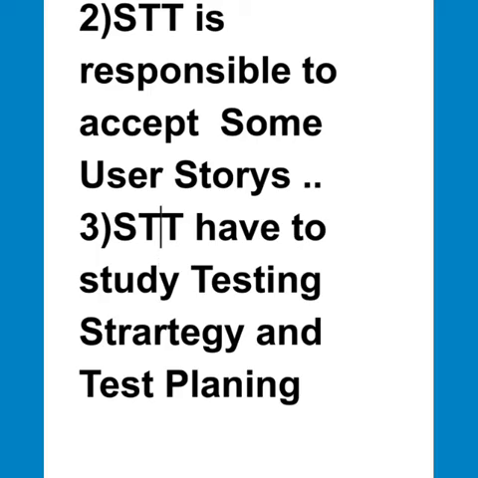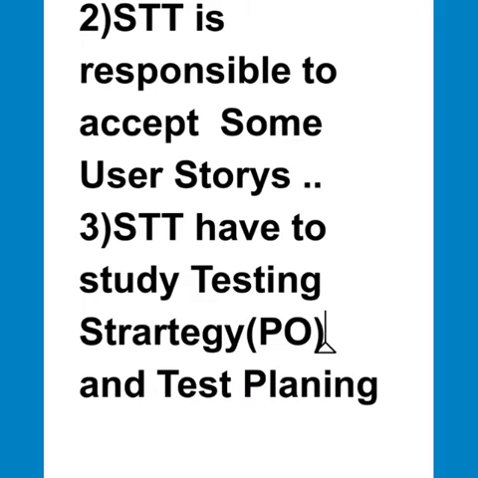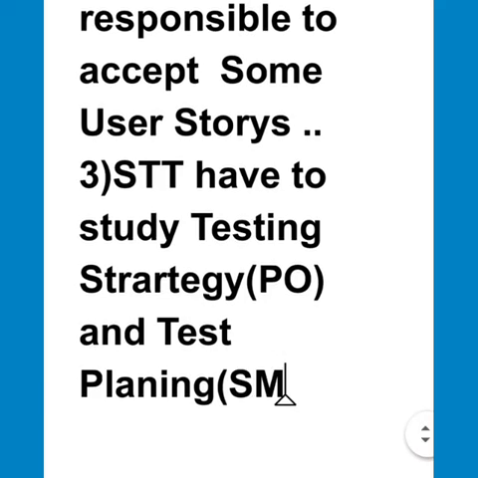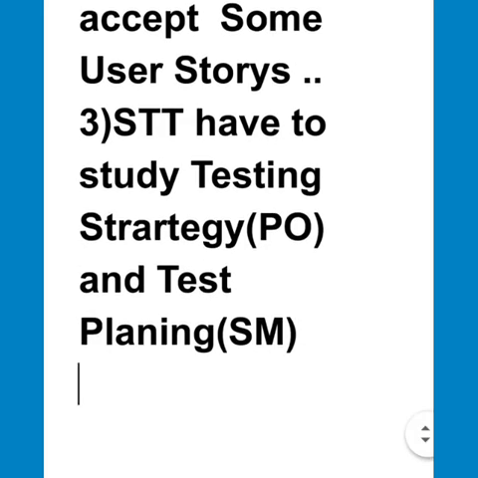The testing strategy is provided by the PO and the test planning is provided by the Scrum Master. Testing strategy means there are different strategies like ad hoc testing, exhaustive testing, optimal testing, based on the requirements.